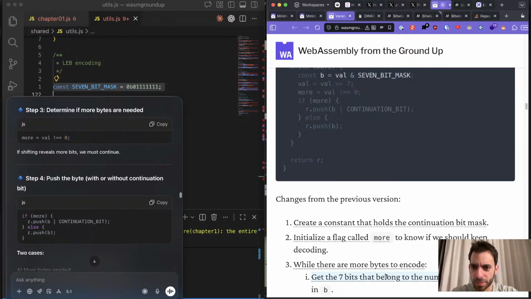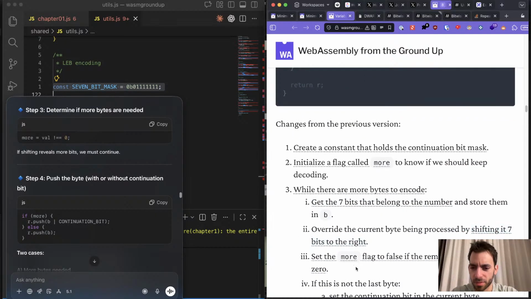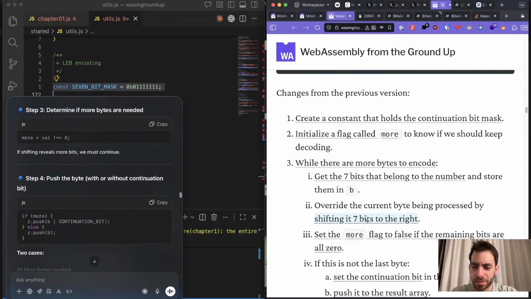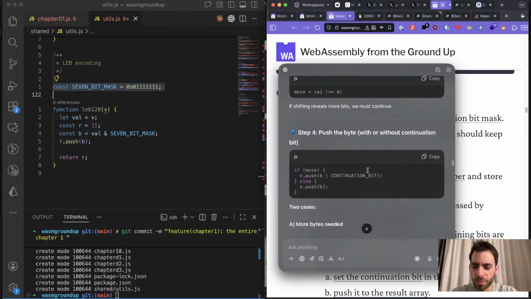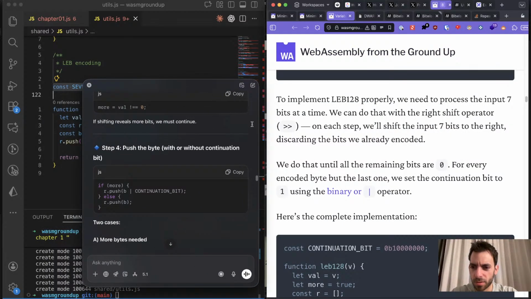For example, given that 7 bits belong to a number, store them in B. If this is not the last byte, set the continuation bit in the current and push it to the result array. It's the intuition to why we're using the bitwise OR operator, to set one using the binary OR operator.